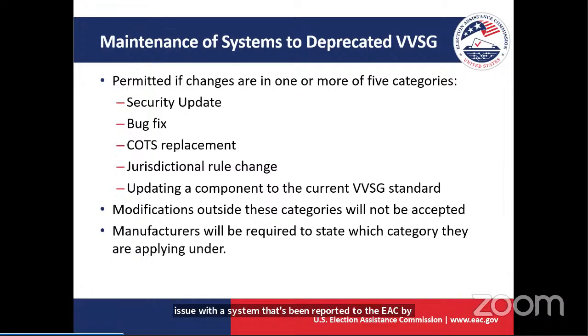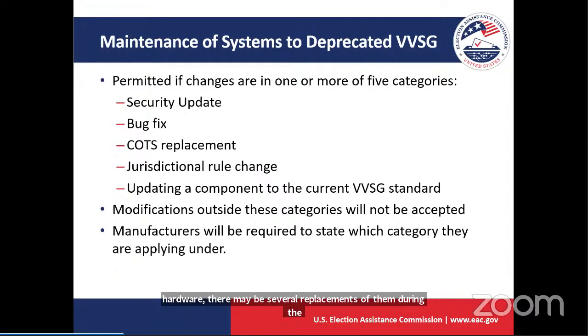Jurisdictions are looking to purchase systems that will last at least 10 years. Given the life cycle of COTS hardware, such as desktop and laptop PCs, there may be several replacements of them during the life of a voting system.